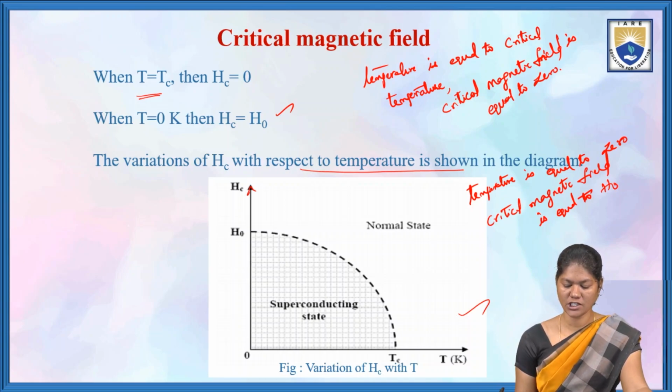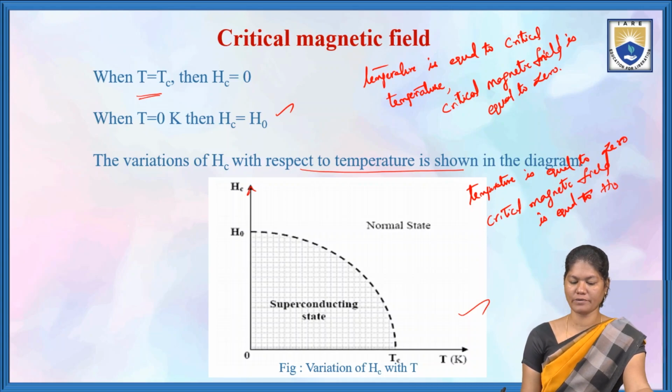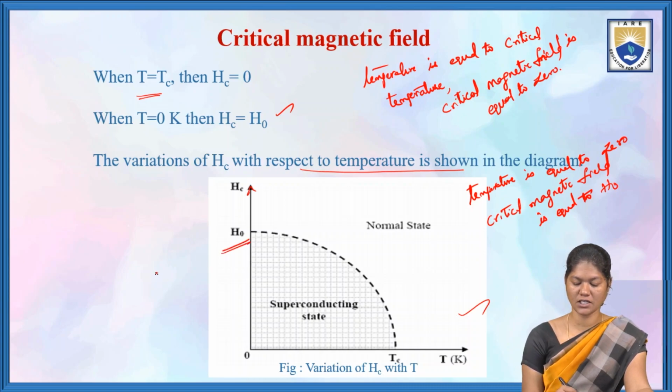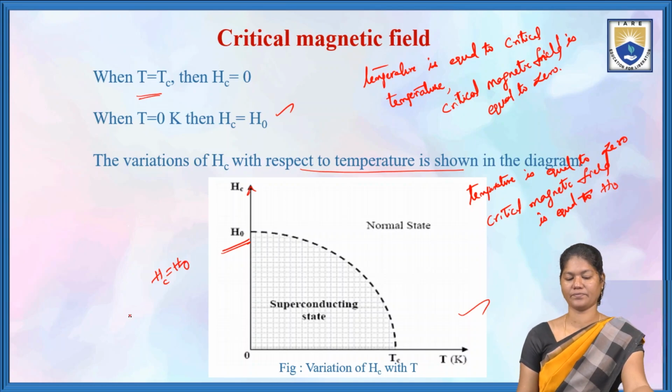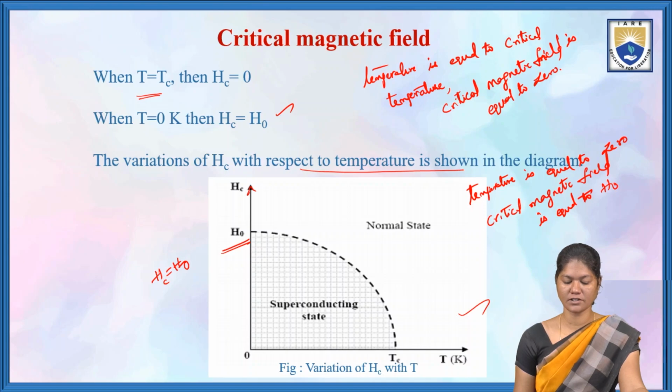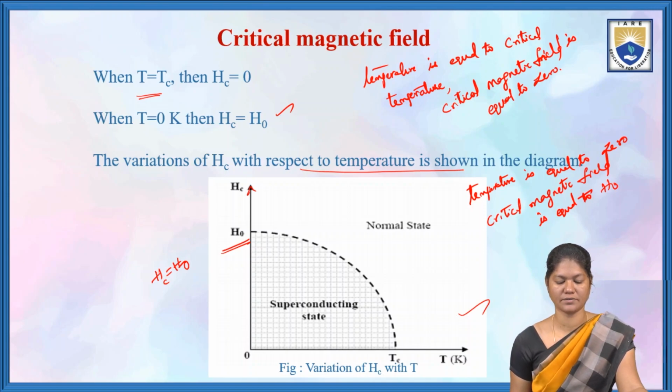Here, when T is equal to Tc, Hc becomes 0. And at temperature 0, Hc is equal to H0.